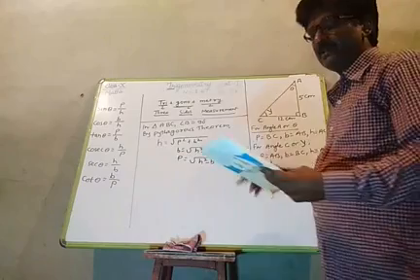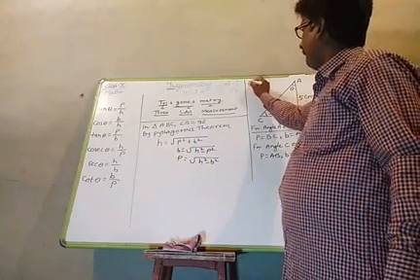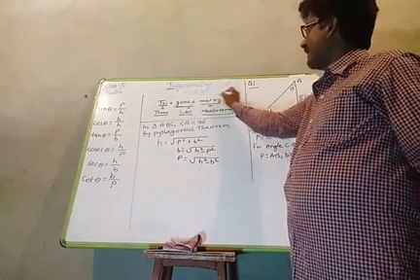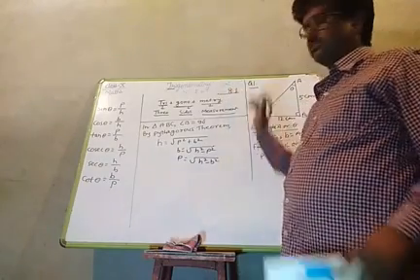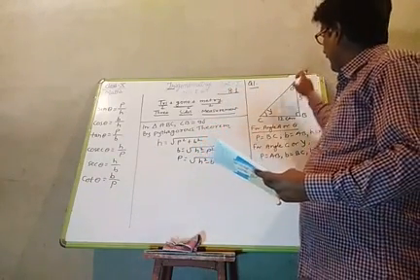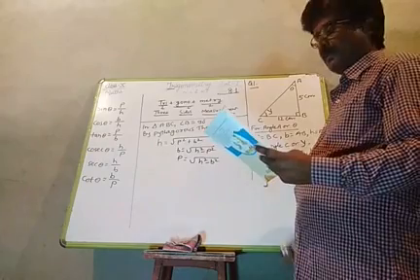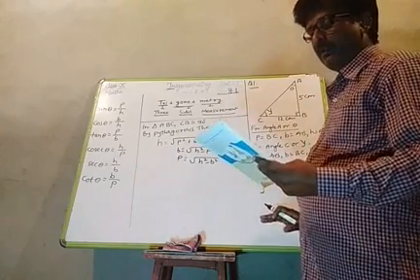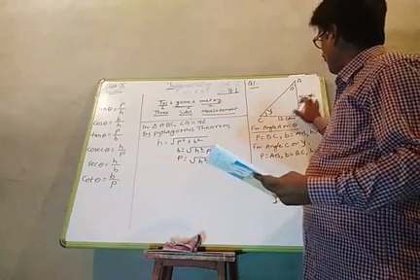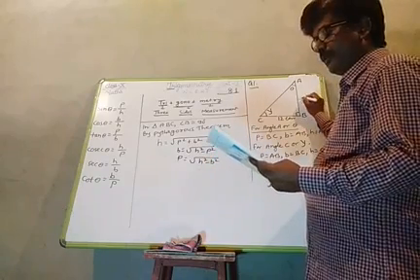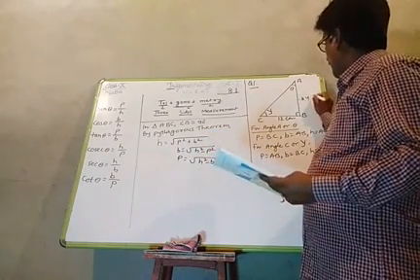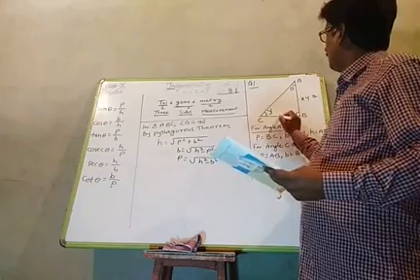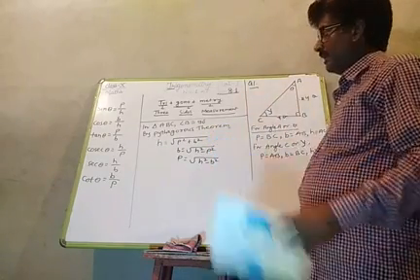Just see, now I am taking one question. This is question number 1 of exercise 8.1. In triangle ABC, right angle at B, AB is 24 cm and BC is 7 centimeter.